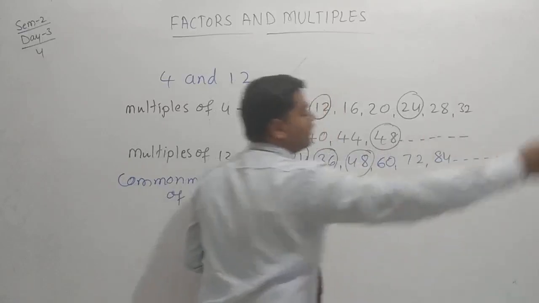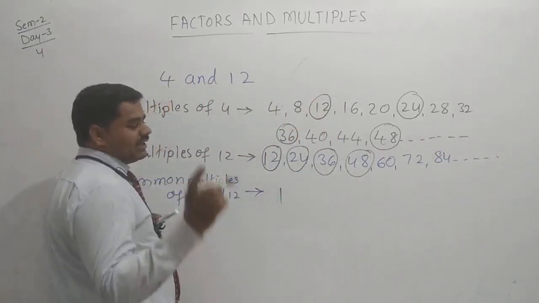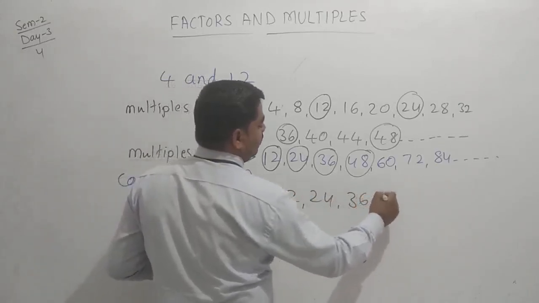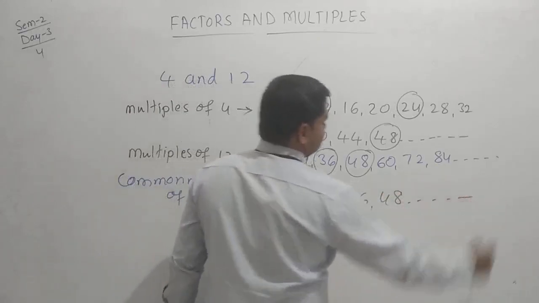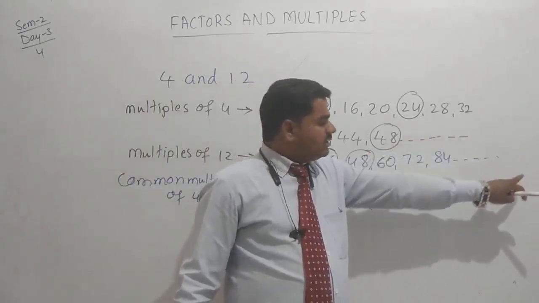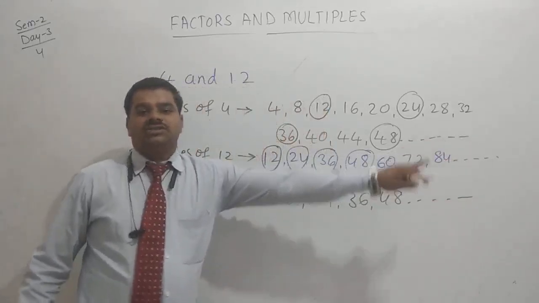Like this, there are so many. We can take the first few common ones: 12, 24, 36 and 48. This is also continuous, we cannot count them all, but we can show them and so on.